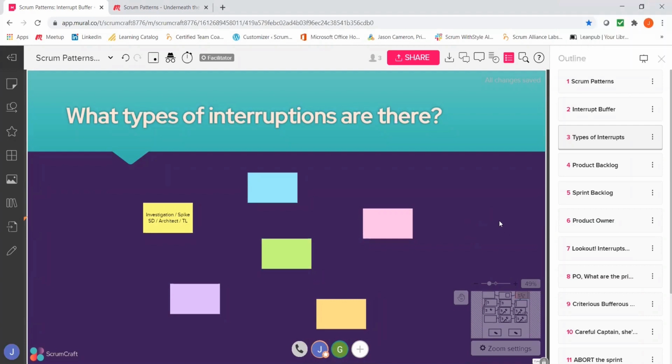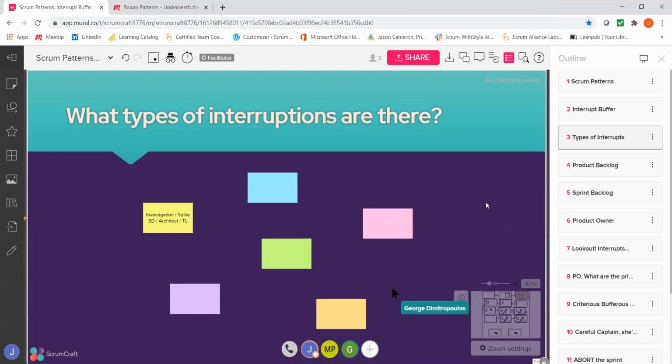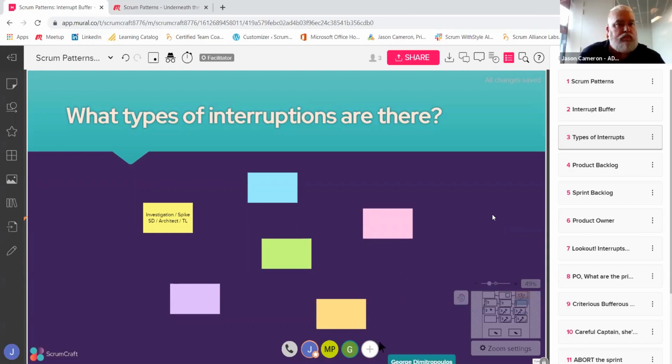But interrupts are a bit more designed around new work coming in and how to handle it. Okay, all right. So there's probably another pattern out there for that one, and maybe that would be a good brown bag for next time. But in this case, it's kind of like a source of work, and a stakeholder that would be asking for it.